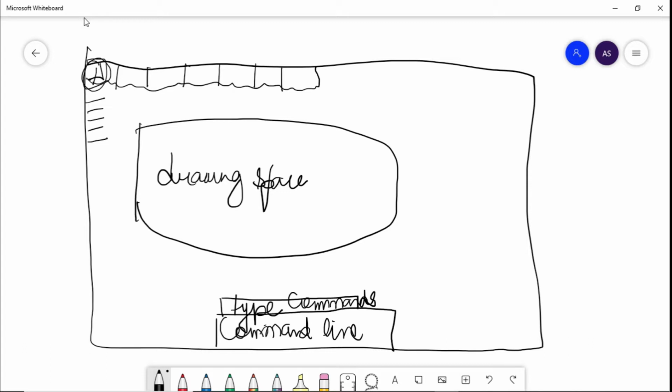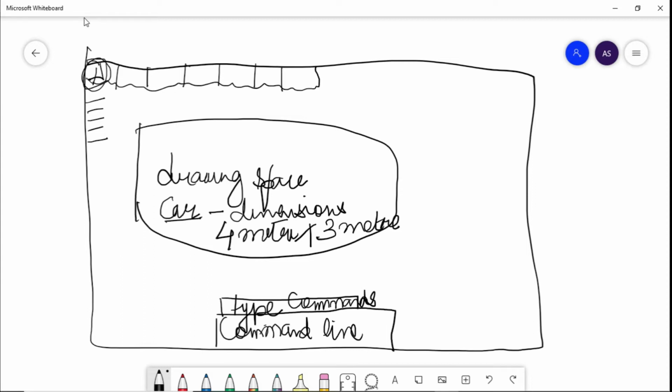So for example, I have to make a car. Now, the space which is available to you here is very small as compared to the dimensions of the car. The dimensions of the car would vary from 4 meters in length to 3 meters in width.